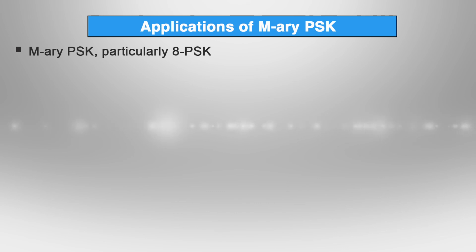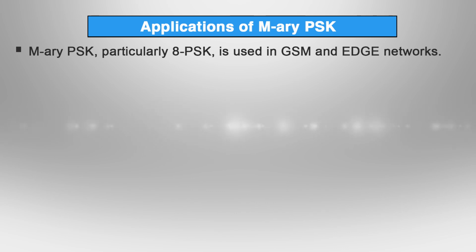Now, next slide is the application of M-array PSK. M-array PSK is used in wireless communication like in cellular networks and in satellite communication. In cellular networks, M-array PSK, particularly 8 PSK, is used in GSM and EDGE networks to provide higher data rates while maintaining compatibility with existing infrastructure.